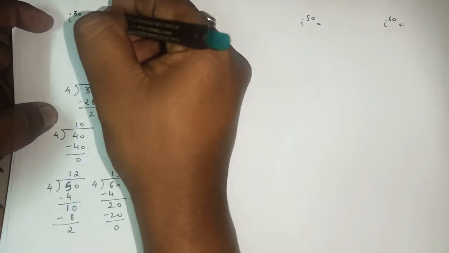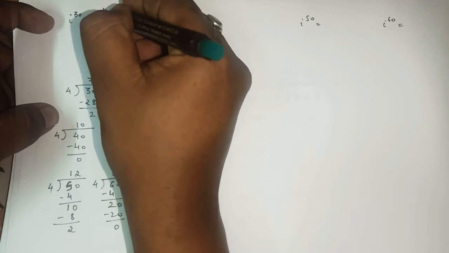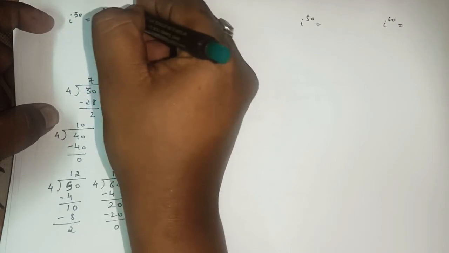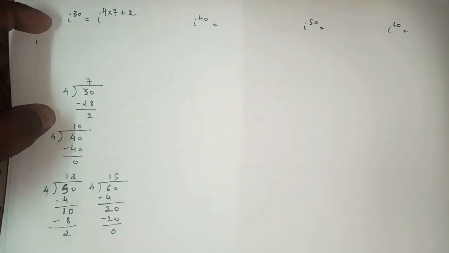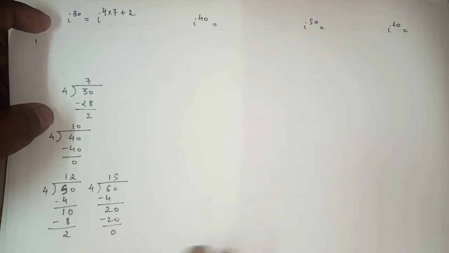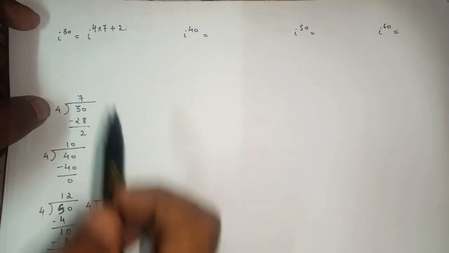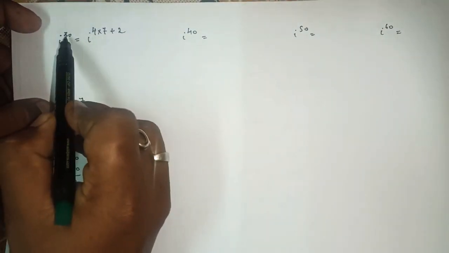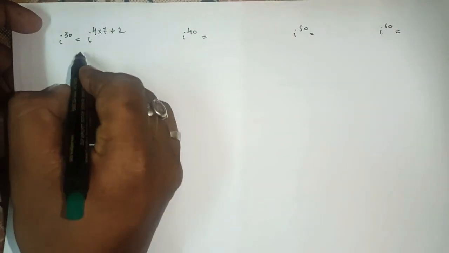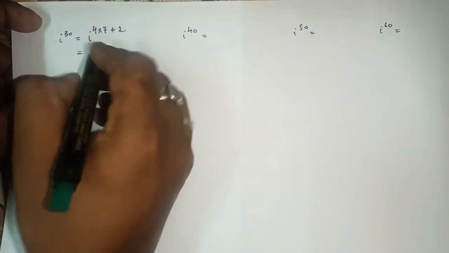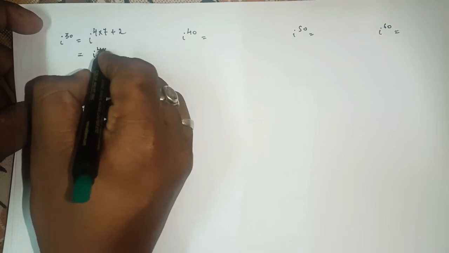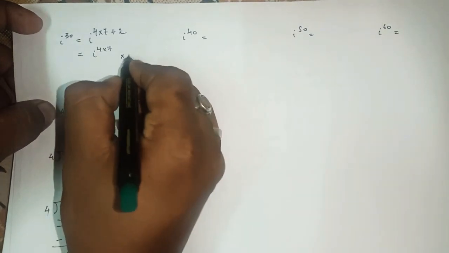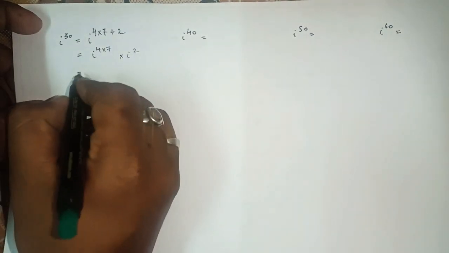Okay, so now we can break this 30 as i raised to 4 into 7 plus 2, yes or no? Using the formula dividend equal to divisor into quotient plus remainder. So this is the dividend, divisor into quotient plus remainder. Further, this we can write as what? i raised to 4 into 7 into i square, yes or no?